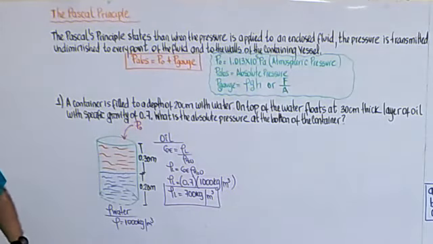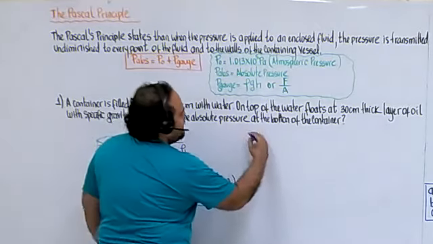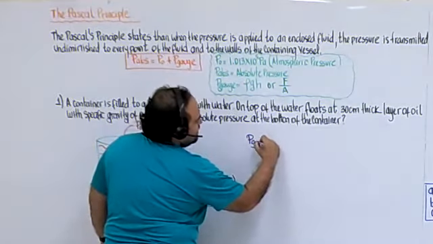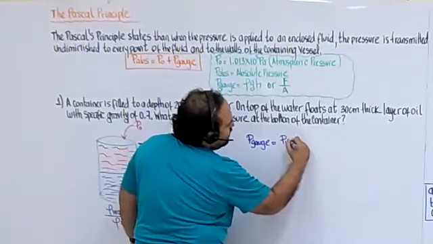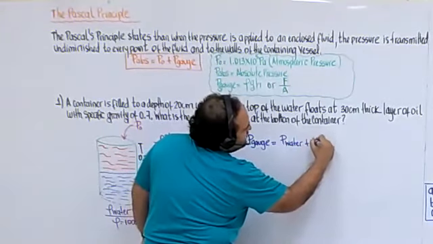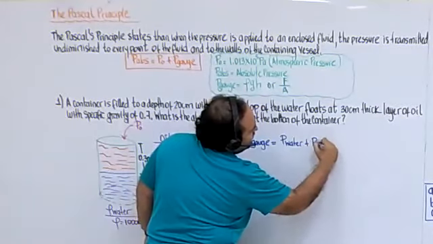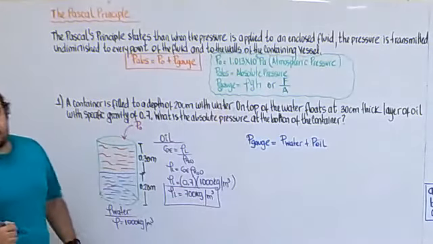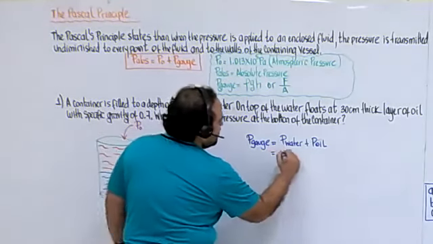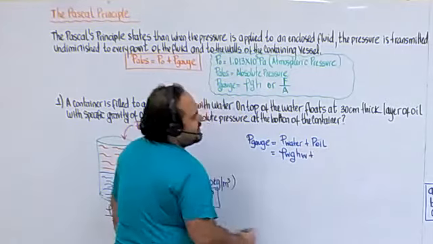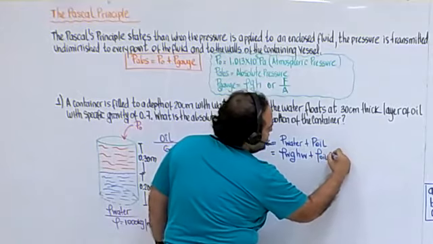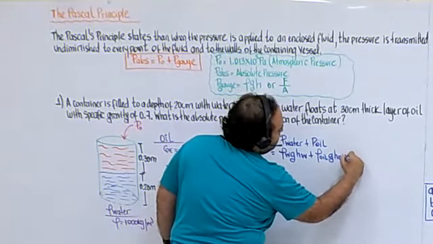So the next step of this problem will be using this gauge pressure, the P gauge. This gauge pressure will be the addition between the pressure of the water plus the pressure of oil. In simple words, density of water, gravity, height of the water, plus oil density, gravity, oil depth.